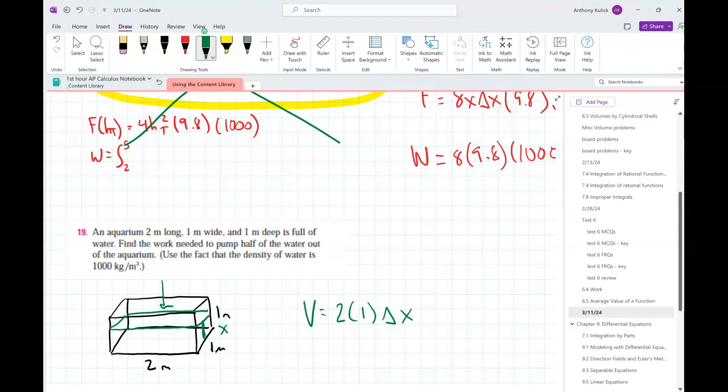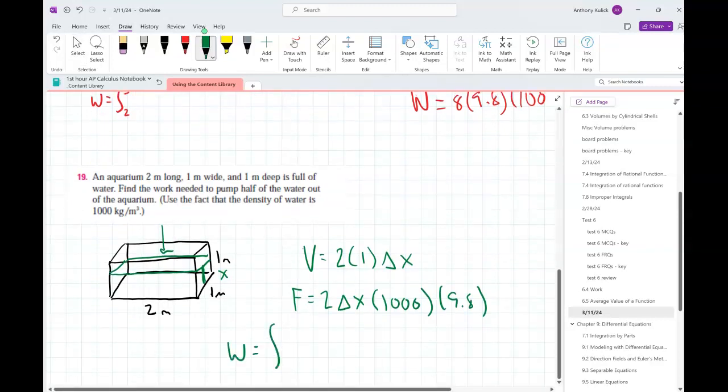Where x is going to represent that height of the water. So our force then is our volume times our density times gravity.